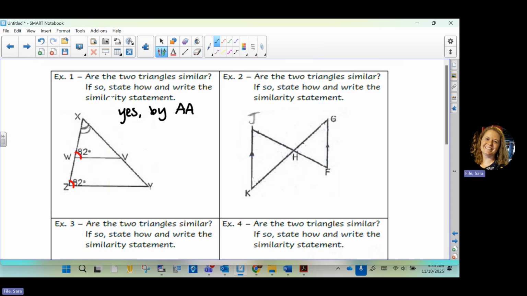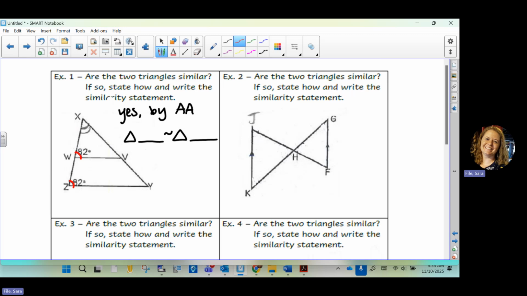Now we have to give the similarity statement. So this is where we name the triangle. And we say triangle blank is similar to triangle blank. Okay, so we have to name them. If it helps you to color code your corresponding sides, you can. In this one, it's the angles that we know. So I think this one's going to be pretty easy.